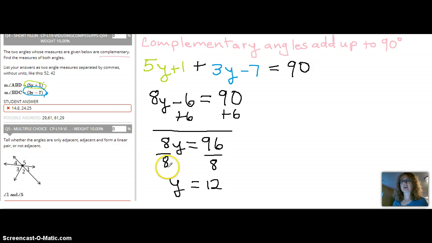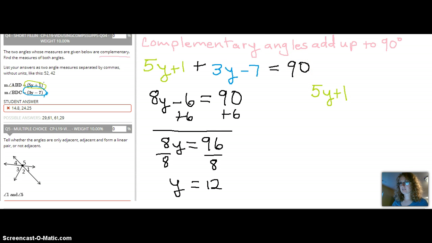That means that word evaluate means we need to take the 12 and plug it back in for y in both of these equations. So the first equation, it says 5y plus 1 is what that measure of that angle is.